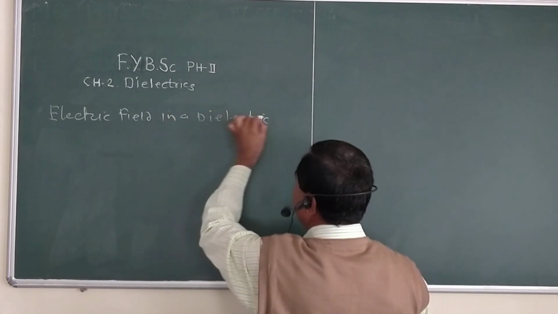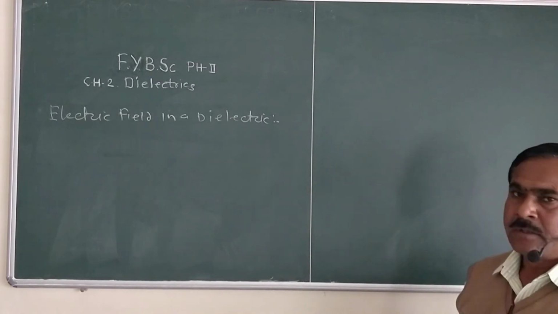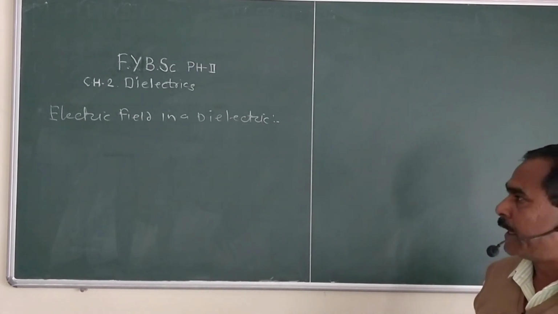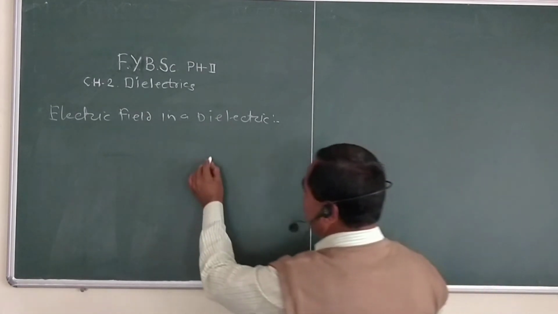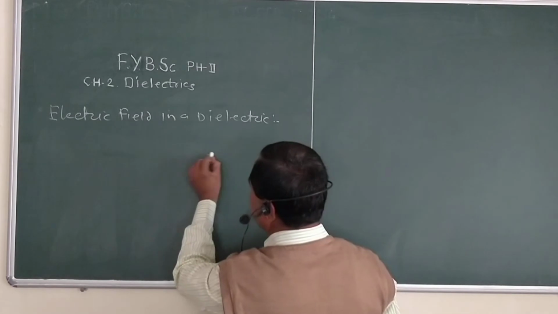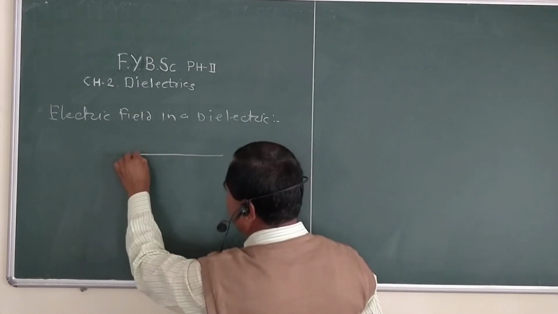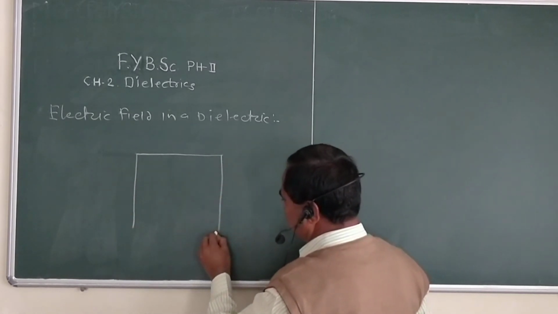Okay. So we have to consider what type of electric field is produced within the dielectric material. For that, I will draw the diagram, and from that diagram we can show the electric field developed within the dielectric material. Okay.